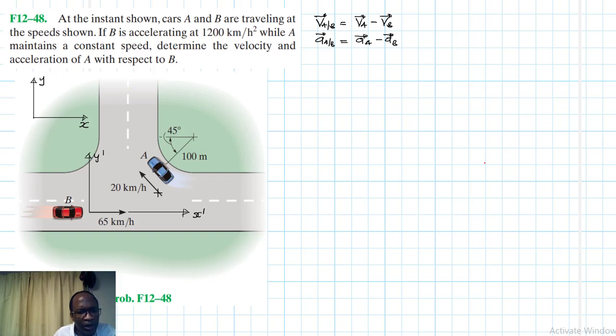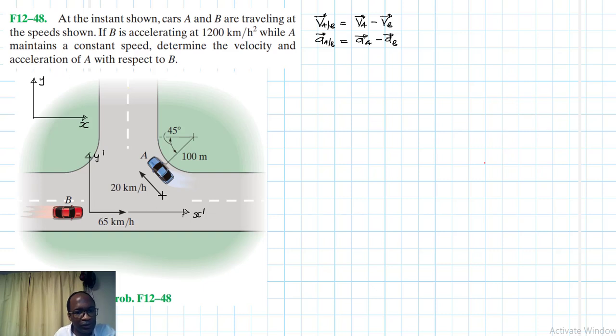For VA, since VA is experiencing curvilinear motion, if we use the tangential and normal axes, we expect an acceleration towards the center of the curvature, while the acceleration tangential to this particular instant will be equal to 0 because our velocity is constant.